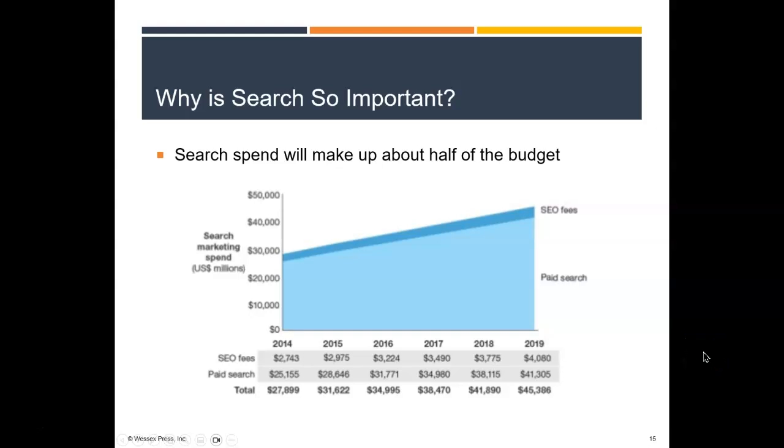So this is a graph on the reason why search is so important. It will make up about half of the budget. If you look at the numbers, the amount you pay to make sure that when somebody searches tires, your tire company comes up first, the amount of money you pay right down here is a lot.